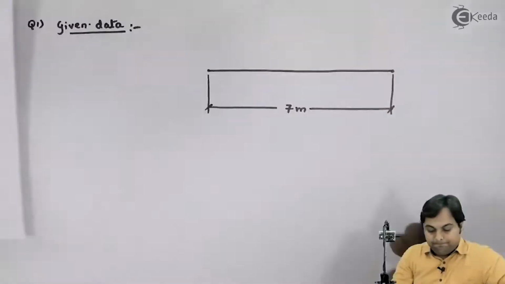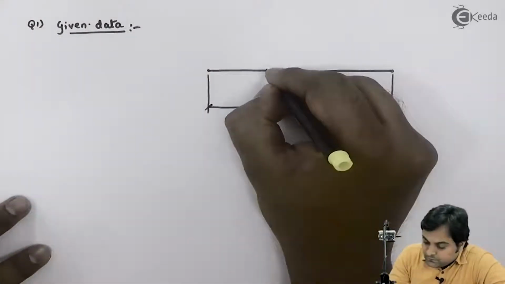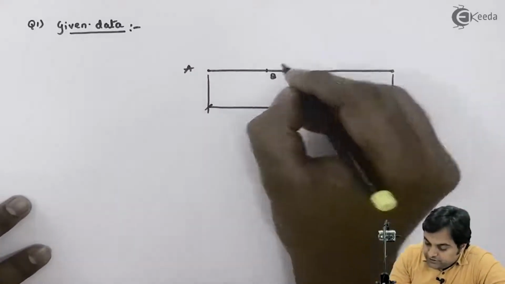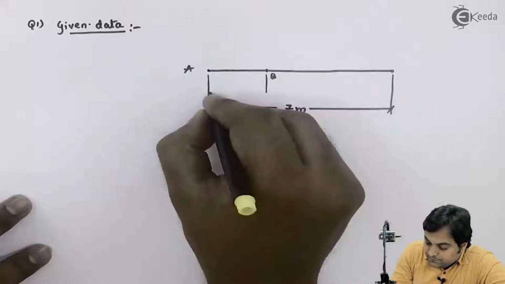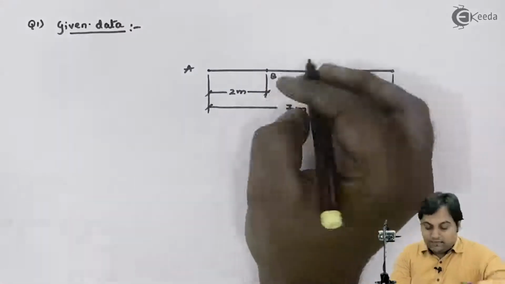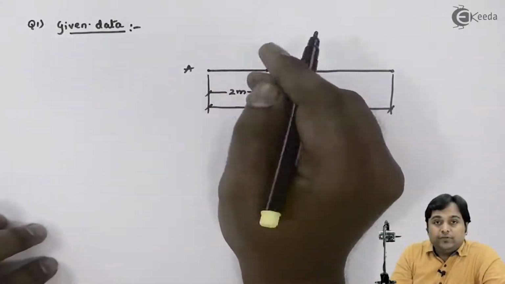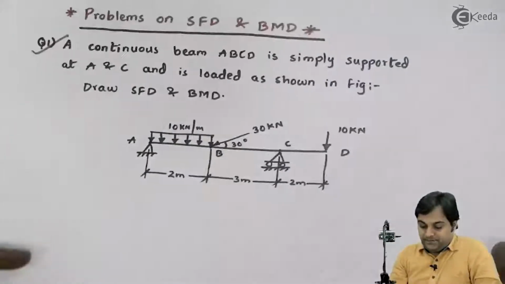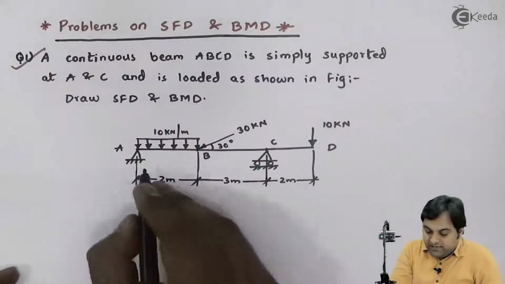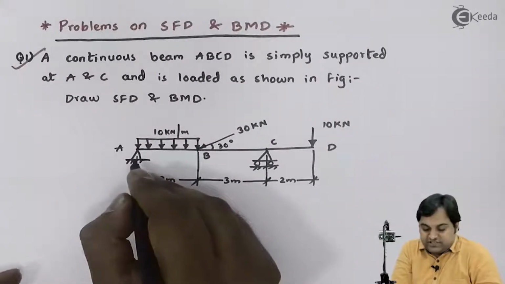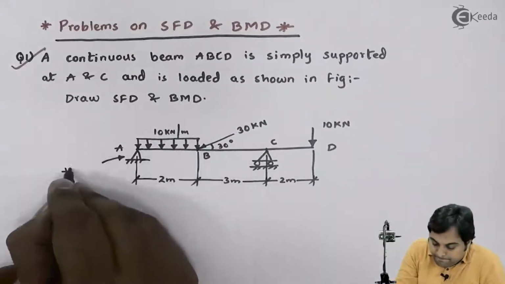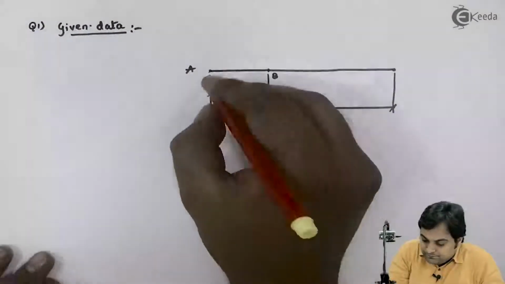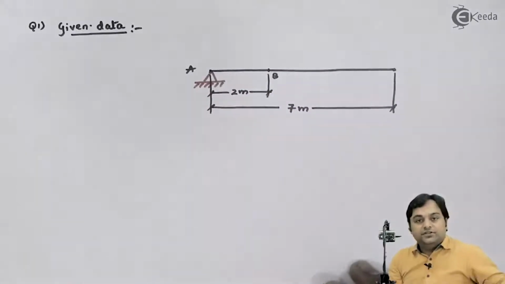So A to B, that is 2 meter of the distance, and in that we are having uniformly distributed load. And as we can see in this diagram, at point A we are having a hinge support. Here is a hinge support.